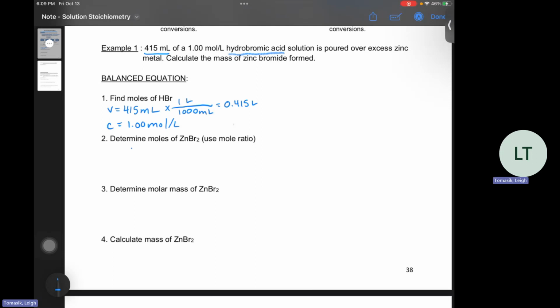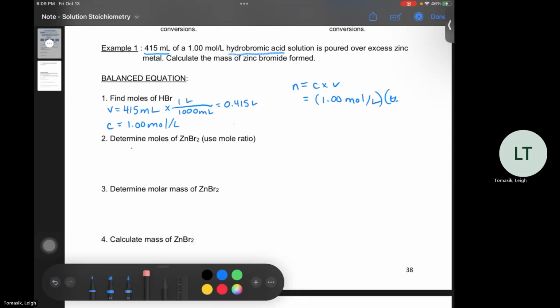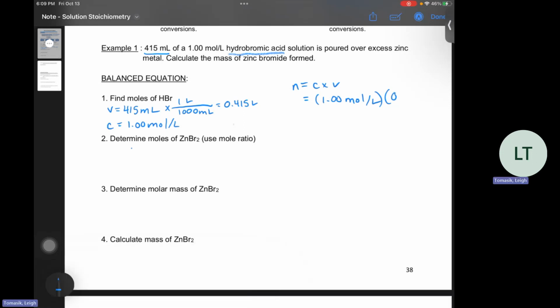Okay, so then we can use the n equals C times V. So the concentration is 1.00 moles per liter and the volume is 0.415 liters.